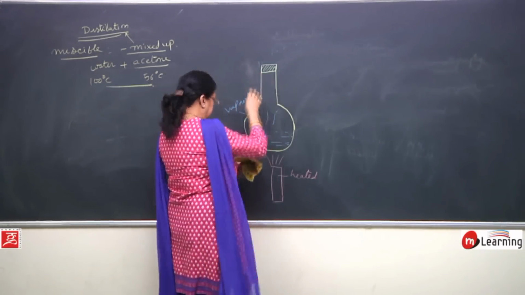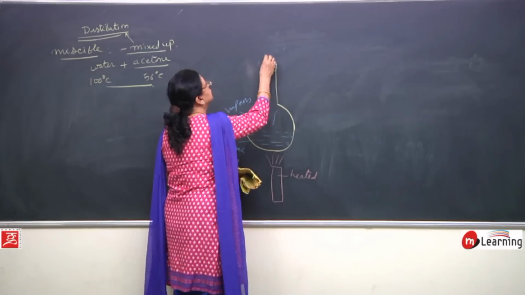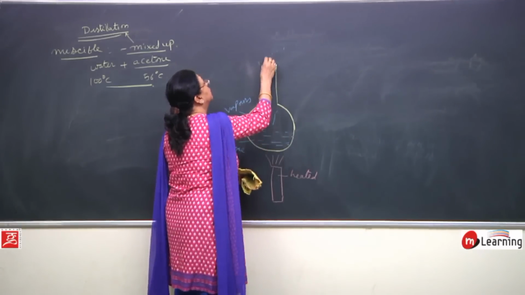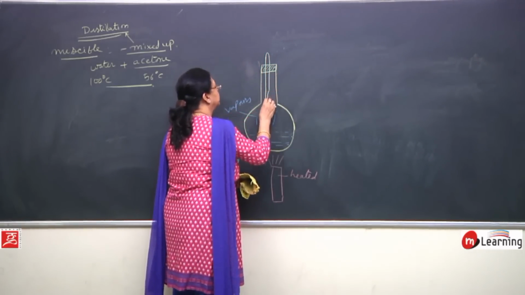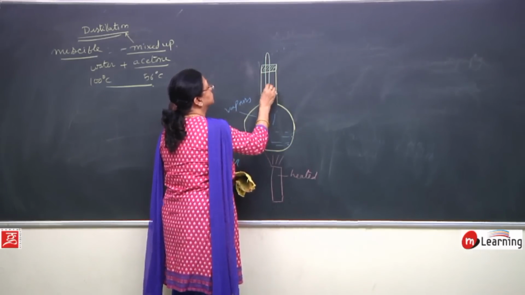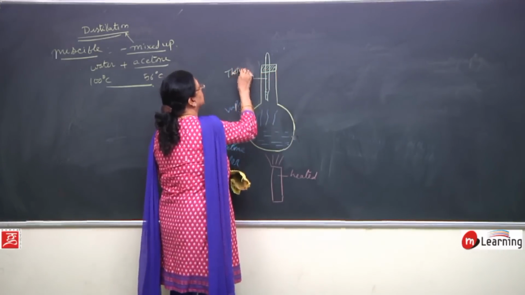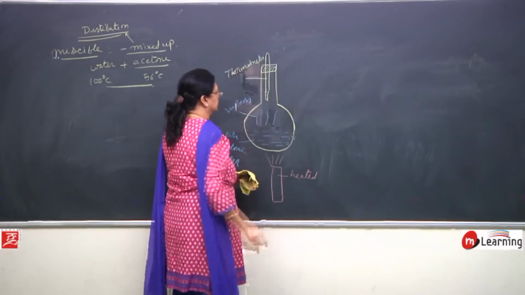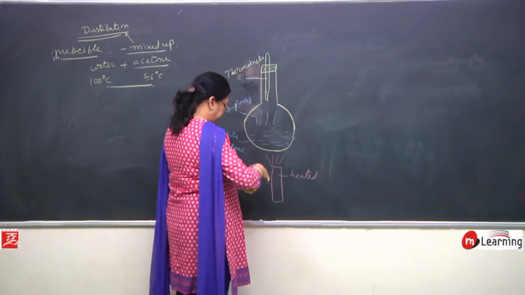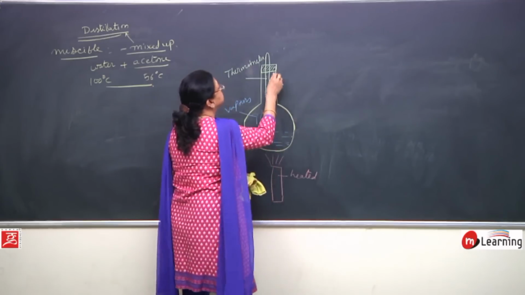And here in this cork, there is a thermometer. This is the thermometer. Now, these vapors come out from here.